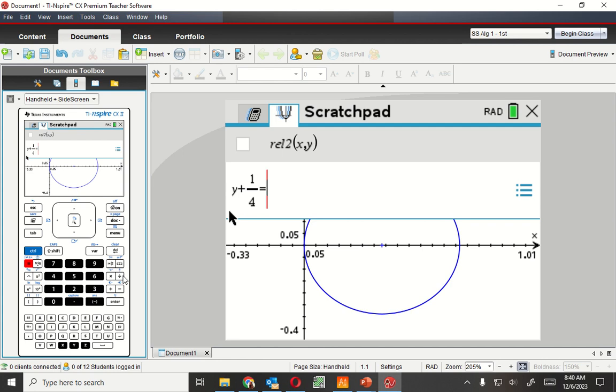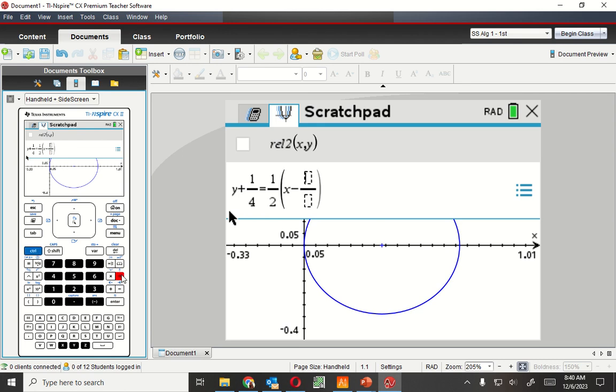Equals my control divide, right? Because I want my fraction again. I want my 1/2, open parentheses, and x minus control divide again.